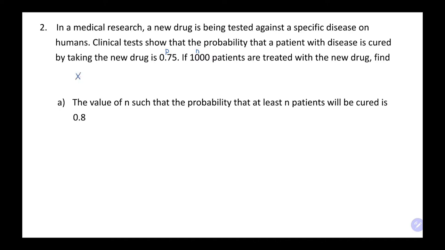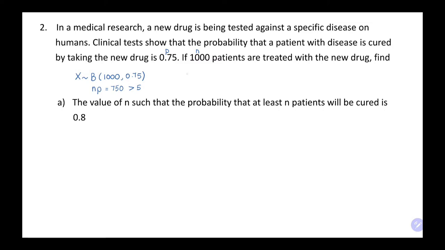So we write X binomially distributed with N 1,000 and P 0.75. We can see here our N is large, and N times P we get 750, so greater than 5. Since N times P is greater than 5 and N is large, we need to use normal approximation.